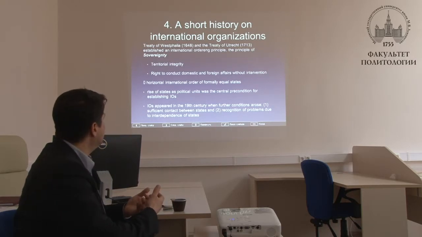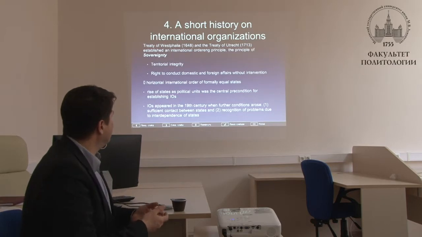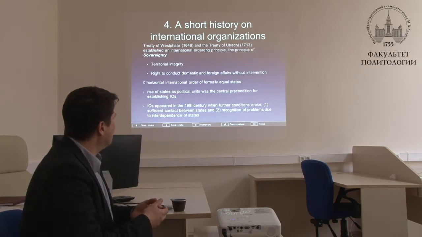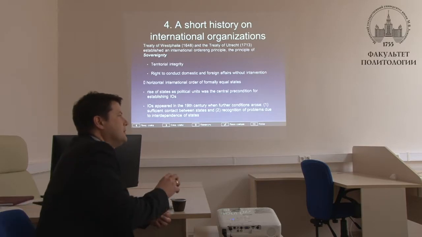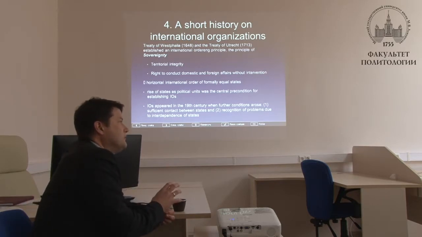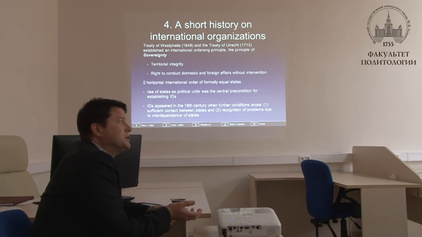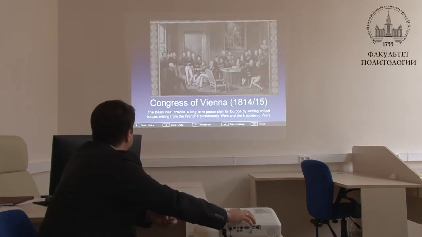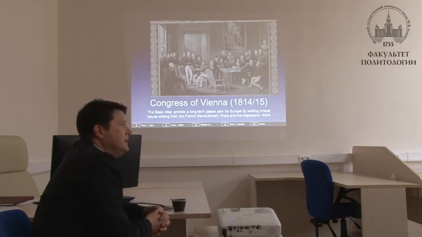The second is there has to be the recognition of problems due to the interdependence of states. And the place where this arose first was in the field of economy, as you can imagine. So the first international organization ever was the International Organization for the Navigation on the River Rhine.